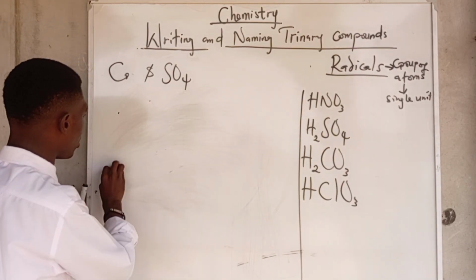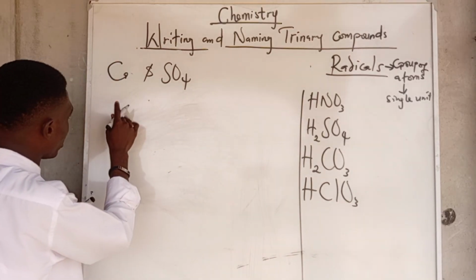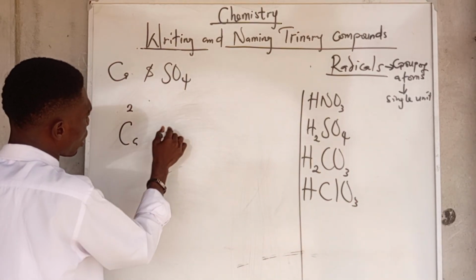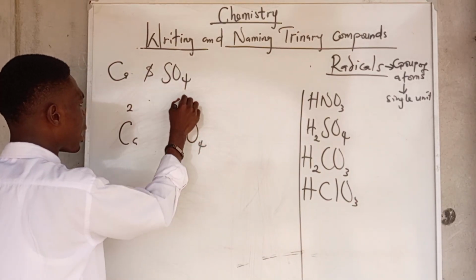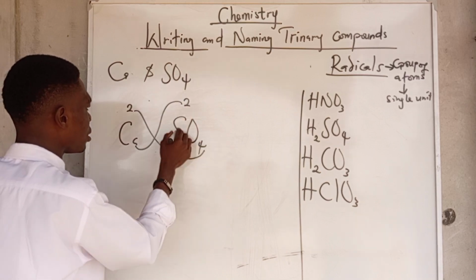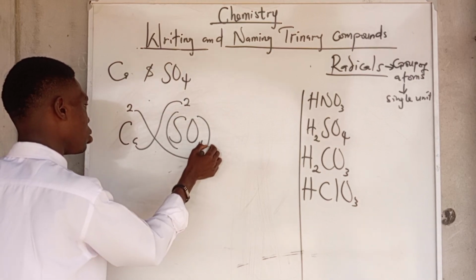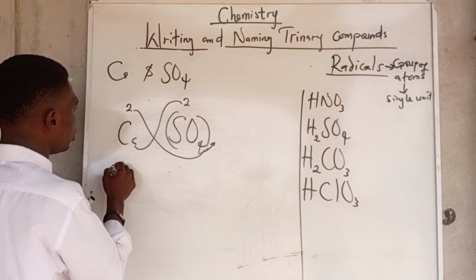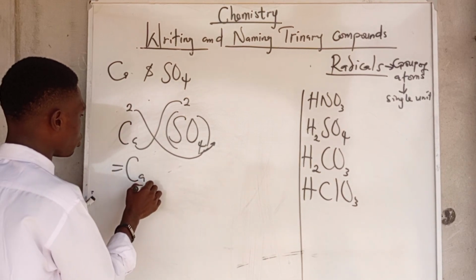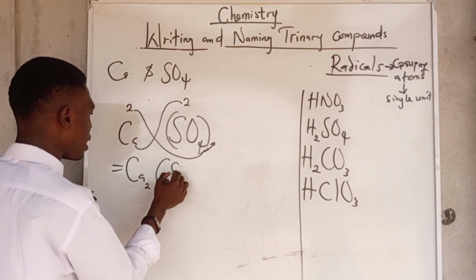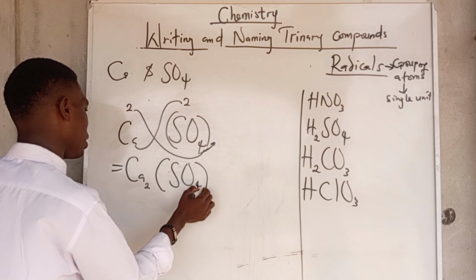To get the chemical formula, we also need their valency. So we get Ca, write 2 above, and then SO4, write 2, and then we change the valencies. Remember, this is a single unit, so I'm taking this here. Are we together? So this is going to give me Ca2, then SO4, and then 2.